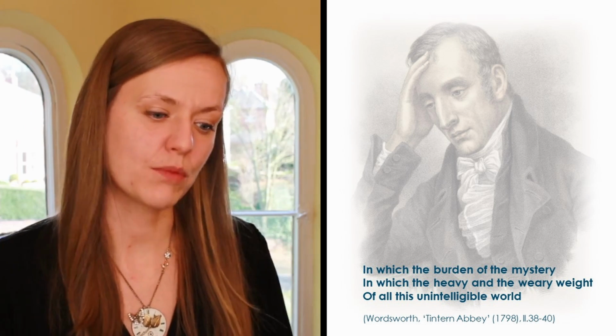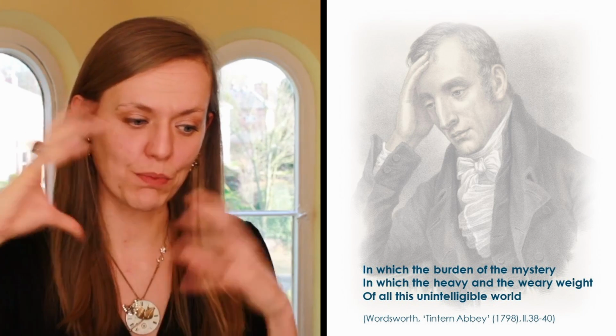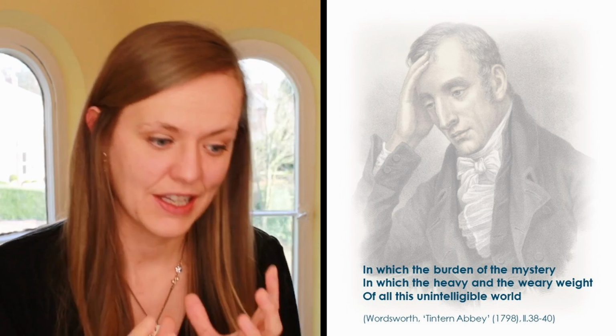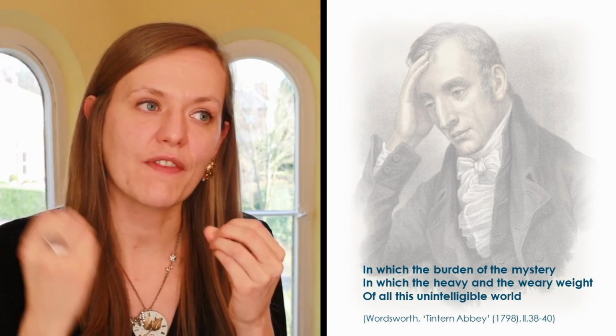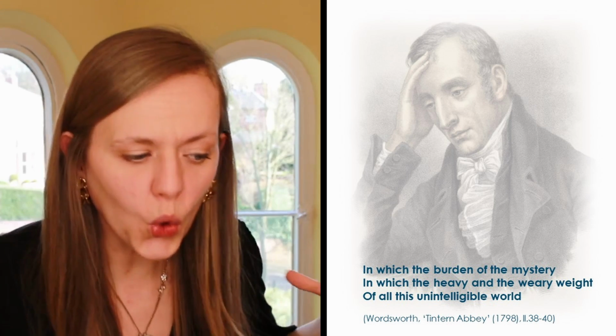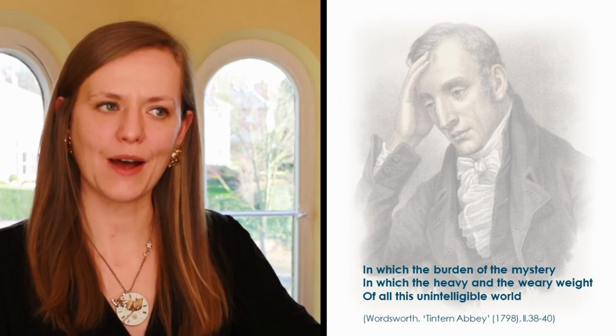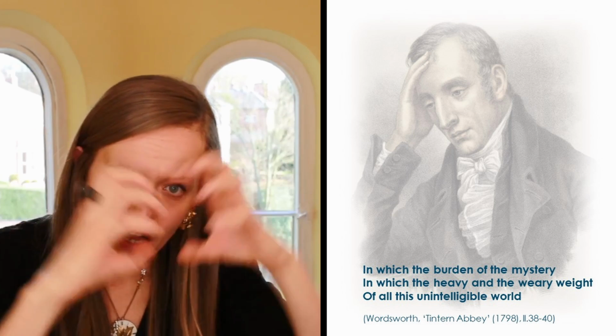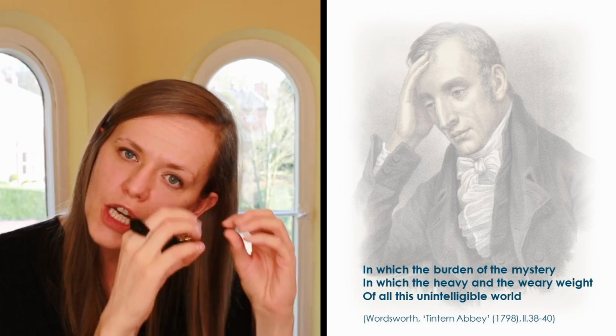That's what he thinks poetry should be. It's about mystery. It's about the unintelligibility of the world. It's not about closing something down and refining it to a kind of polished nub.